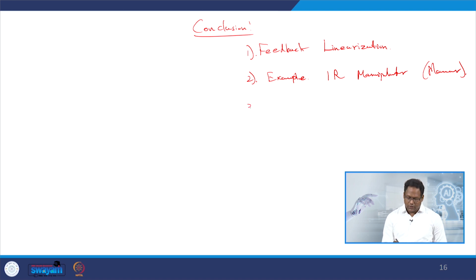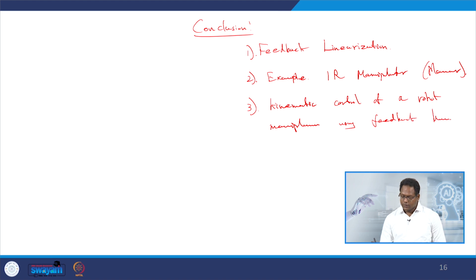And then we have seen kinematic control of a robot manipulator using feedback linearization, with the control law being theta dot equal to J inverse into x d dot plus Kp into error.